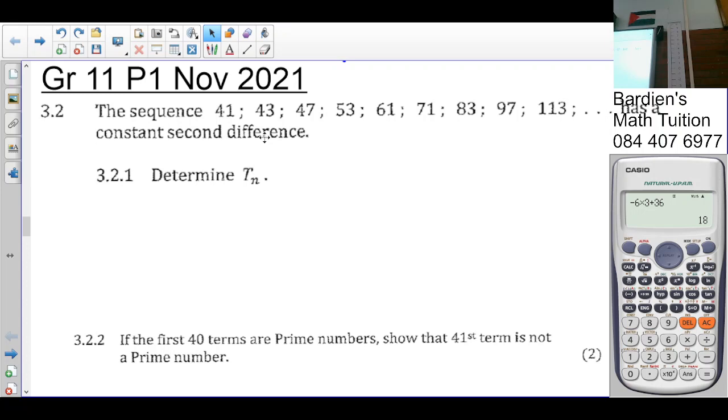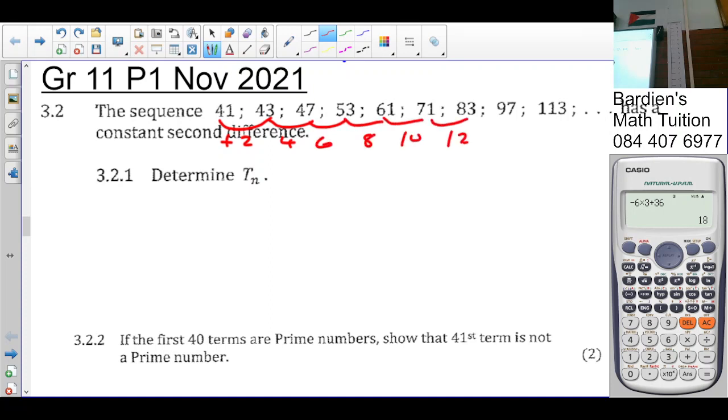Quadratic has a second common difference. The question says determine Tn. So how do I move from one term to the next? I'm adding 2, then 4, then 6, then 8, 10, 12, and so on. So there the second difference is 2, 2, 2, 2.